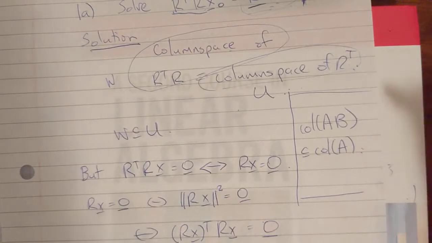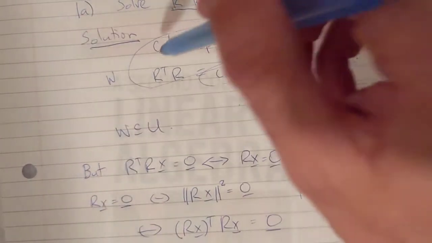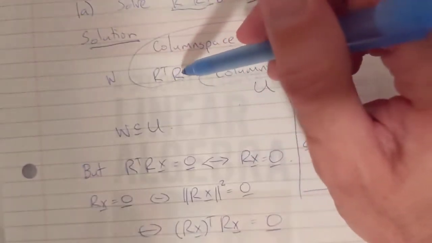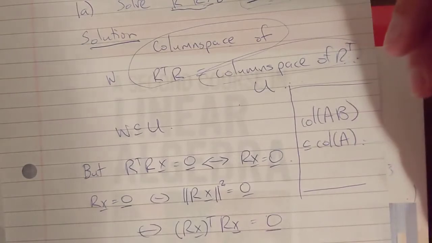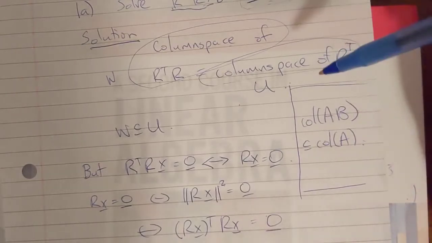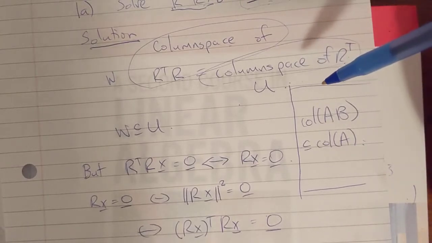So in particular, if we can show that the null space of R transpose is the same dimension as the null space of R transpose R, we will be done, because then their column spaces have to have the same dimension too.